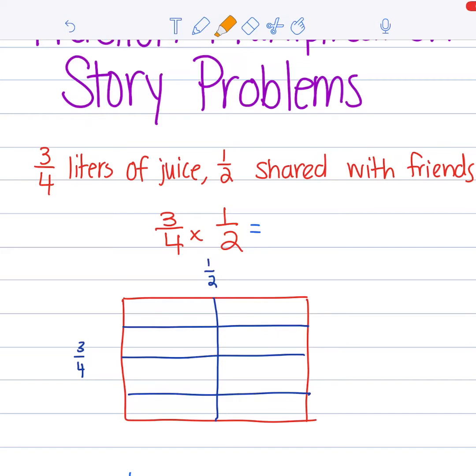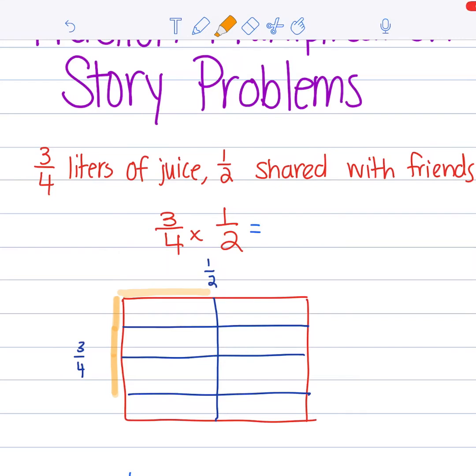Then I'm going to come here with my highlighter and highlight my side. So what I have here is I started with 3/4, right? So this is 1, 2, 3, 3/4 of juice, and half, okay, 1 out of 2, was consumed, right? And this is going to help me to demonstrate or show my model.